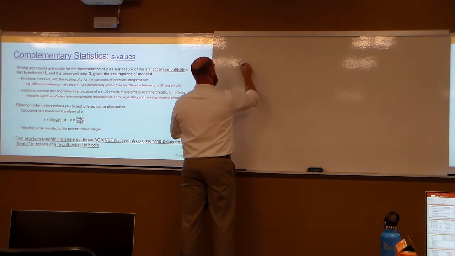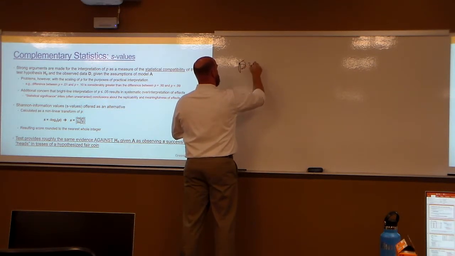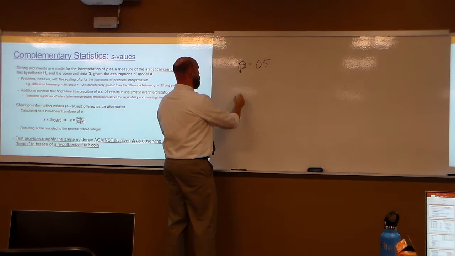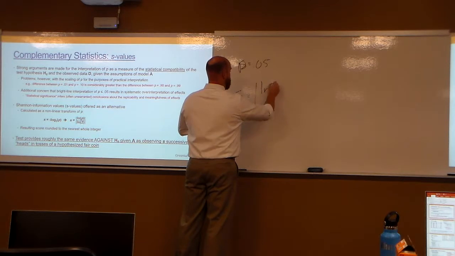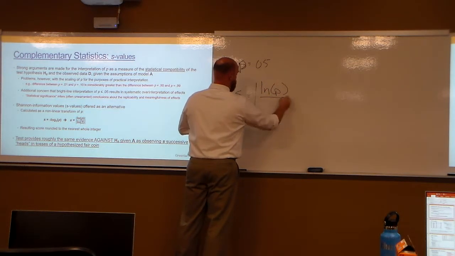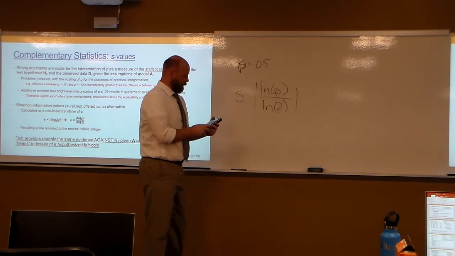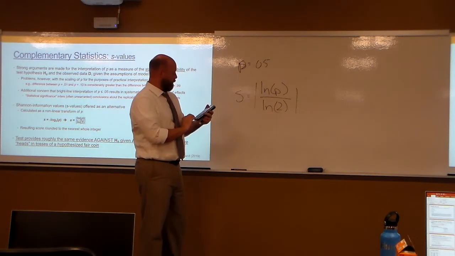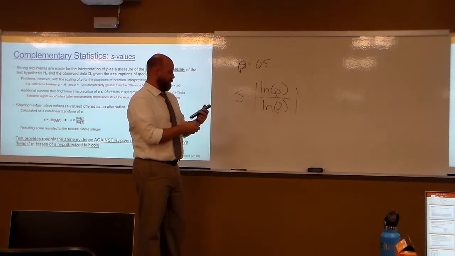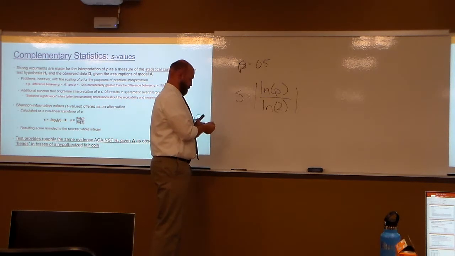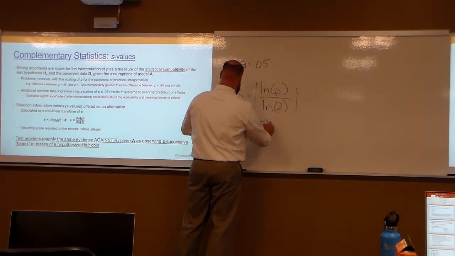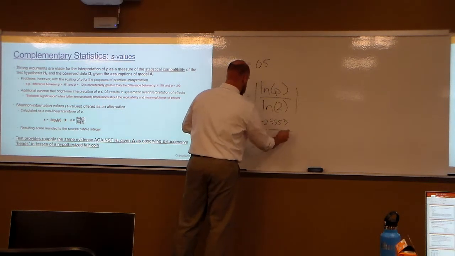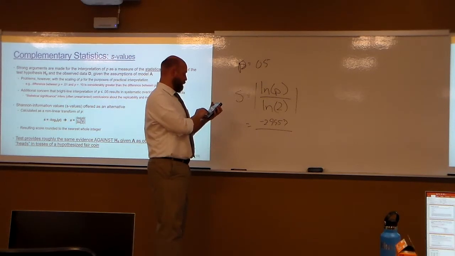I take a p-value of 0.05, okay? My S value is the absolute value of the natural log of p over the natural log of 2. So if I take 0.05, I take the natural log of that, it's going to give me negative 2.9957 over the natural log of 2, 0.693.